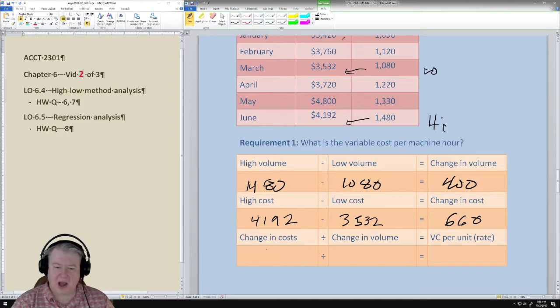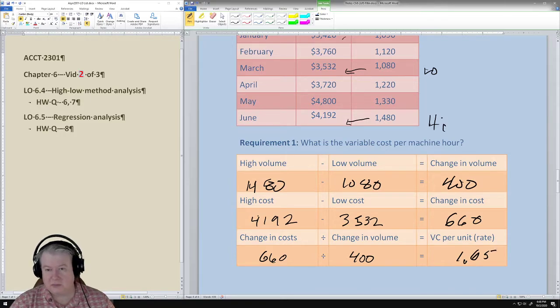So the change in costs, 660 divided by 400, equals $1.65. So every additional machine hour results in another $1.65 of variable costs.